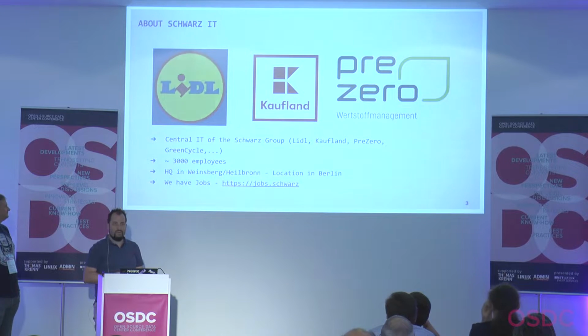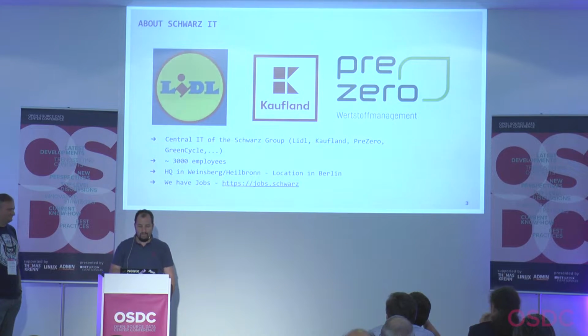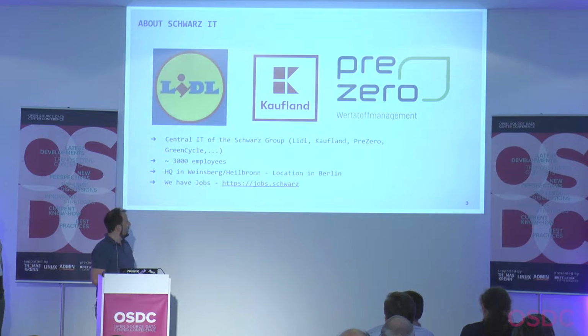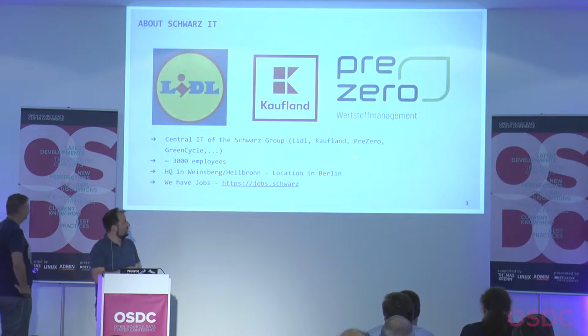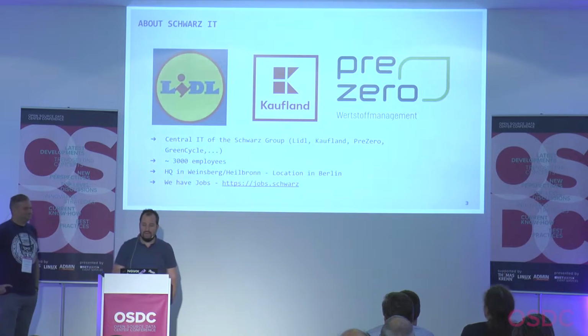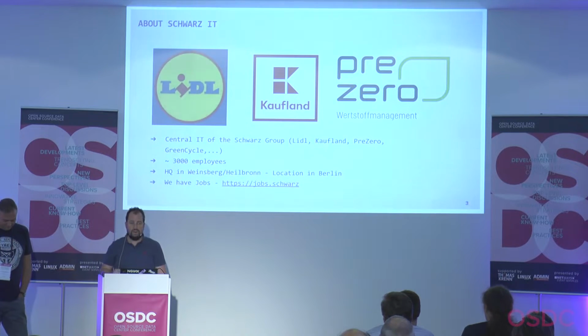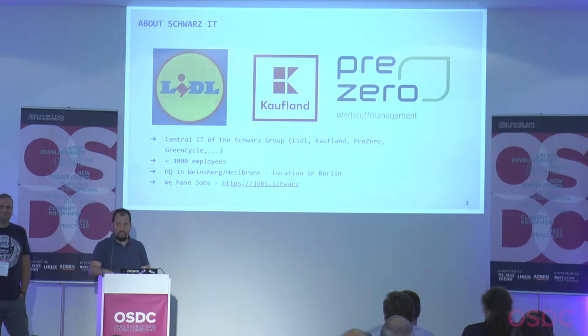Usually we are not talking about the stuff we're doing, but in this case we make an exception for the guys from NETWAYS, of course. Something for the new frontier. Yeah, we also have some jobs. Pre-Zero is a new brand we have, where we recently bought Tönsmeier, which is a recycling company. I think they have over 2,000 or 3,000 employees as well.